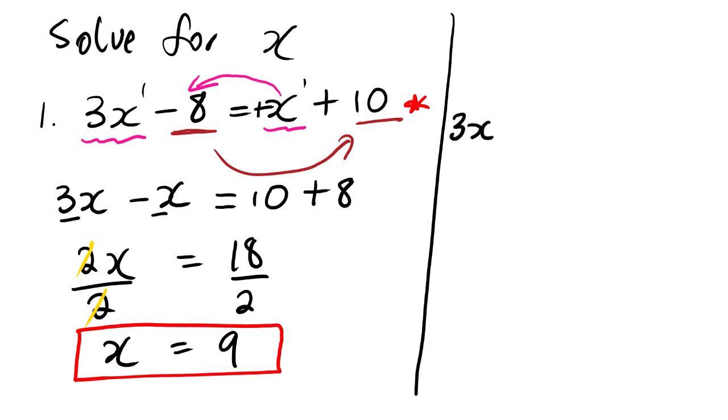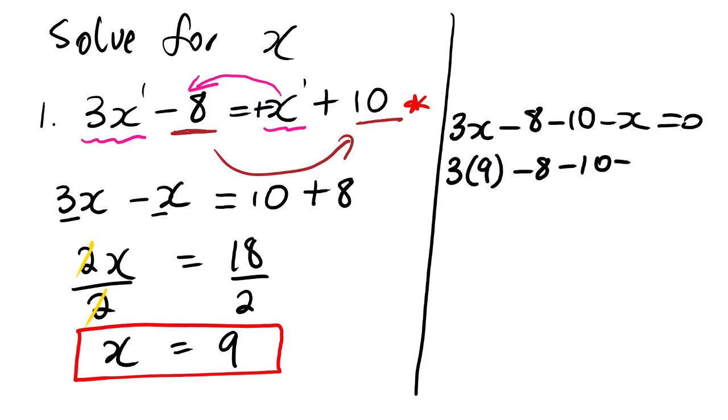So you have 3x minus 8 minus 10 minus x equals 0. Where we see x, we substitute our solution. Then when we punch this on the calculator, or when we simplify this, it must give us 0.